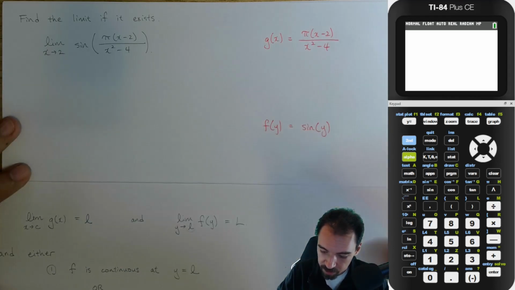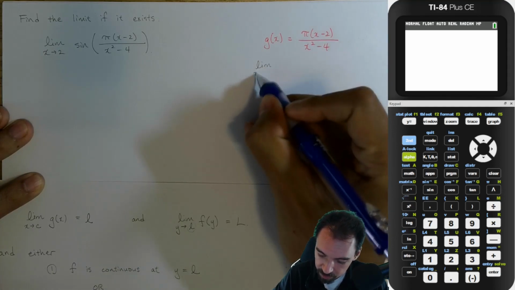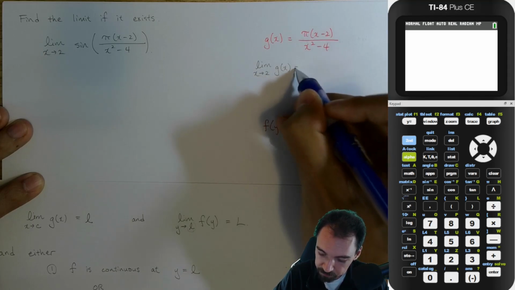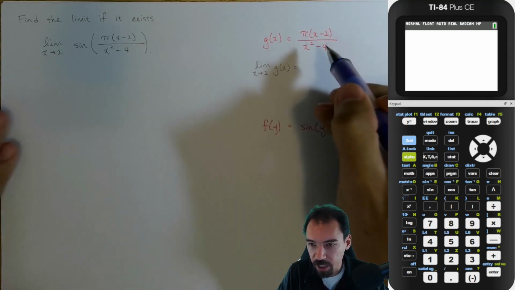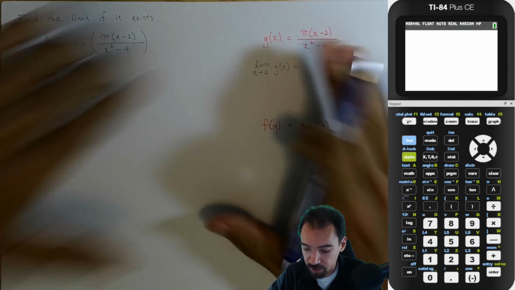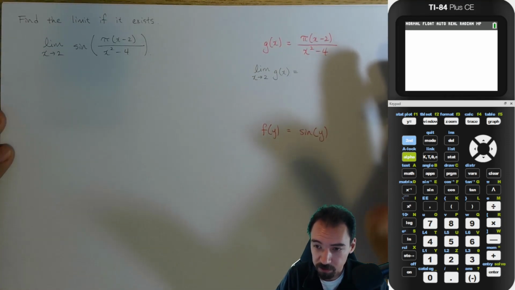So I'll do this in pencil: the limit as x approaches 2 of g of x. So I have a fraction. I can naively say I would like to split this into the limit of the numerator divided by the limit of the denominator. However, we know better than that.